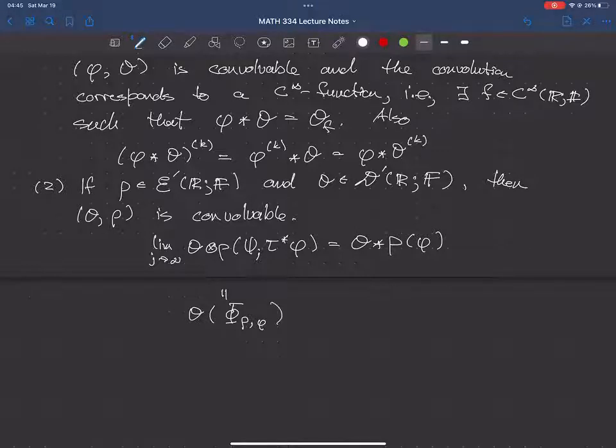And remember how we defined this? So this was defined by fixing one of the variables in this function of two variables. And so really, if I'm going to use the notation that I had last time, this should really be tau star phi. And the reason that I get to do this is because rho has compact support.